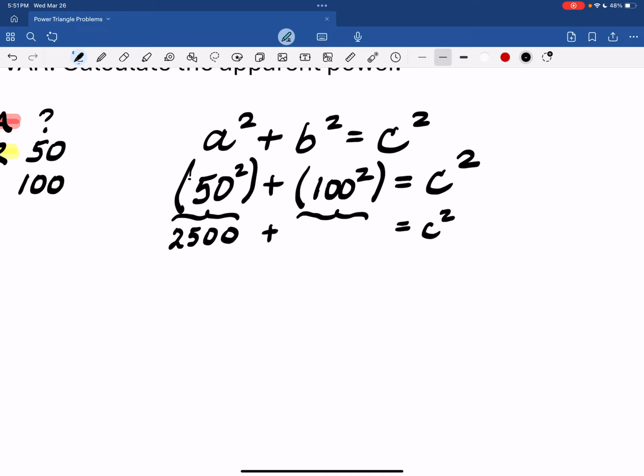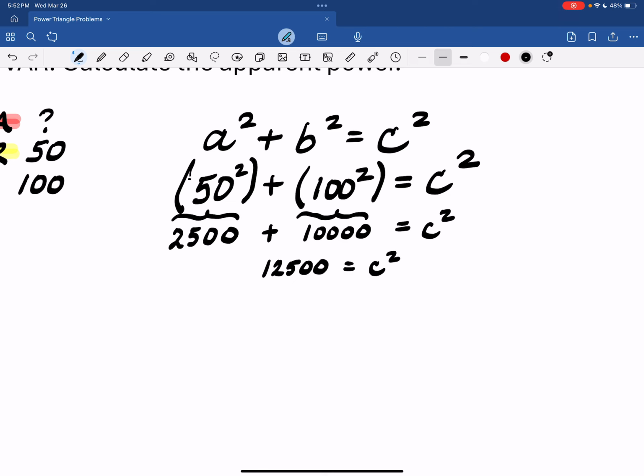You can use your calculator if you need to, that's fine. And then 100 to the second power, that would be 1 times 1, and you would have 4 zeros there. And then you add those two together to get 1250 with an extra 0, and that is c squared.